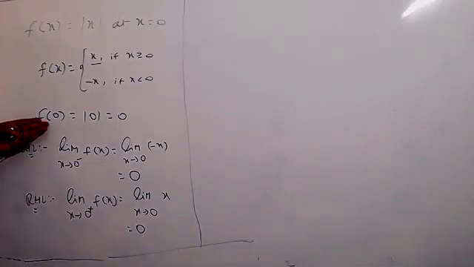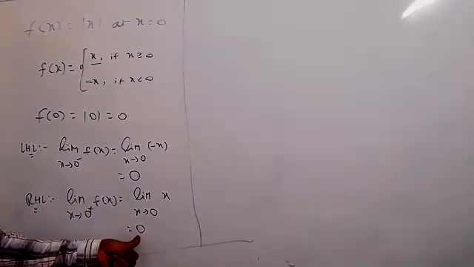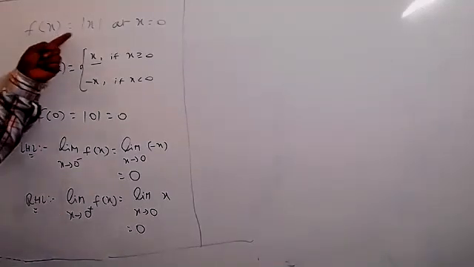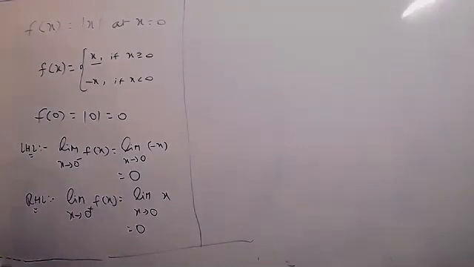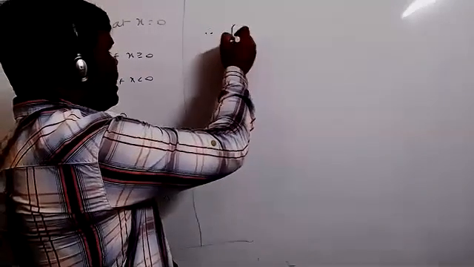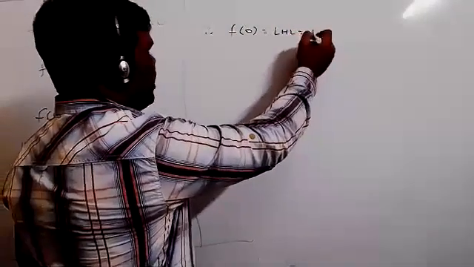So clearly, f of 0 equal to 0 we got, LHL we got 0, RHL we got 0. These three conditions are equal. So what can you say now? Therefore f of x equal to modulus x is continuous at x equal to 0. Same thing you can write: f of 0 equal to LHL equal to RHL.